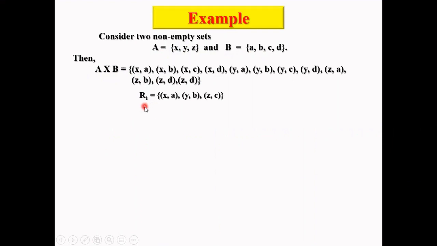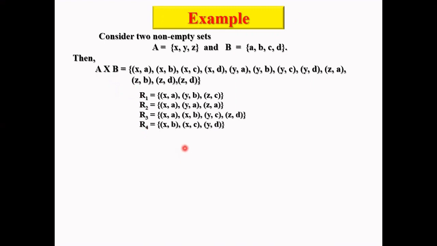We know that a relation is a subset of A cross B. So let's make a few subsets, R1, R2, R3, R4. Here, these four, R1, R2, R3, R4 are subsets of A cross B, or these four are relations from set A to set B.